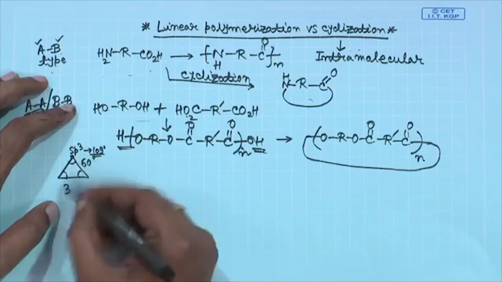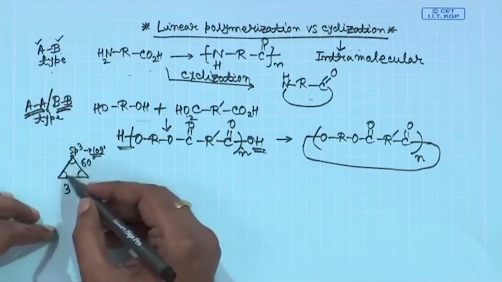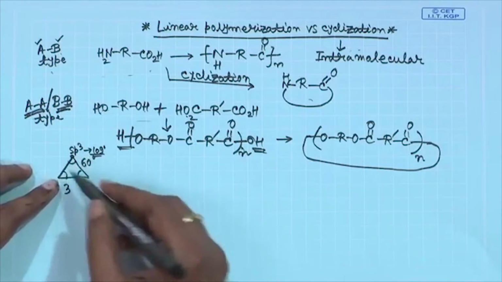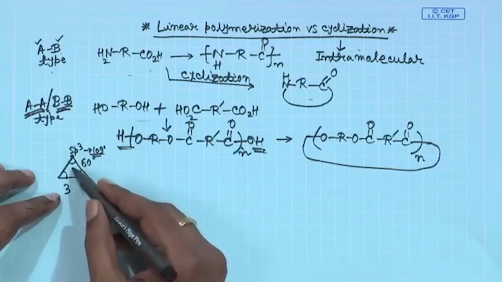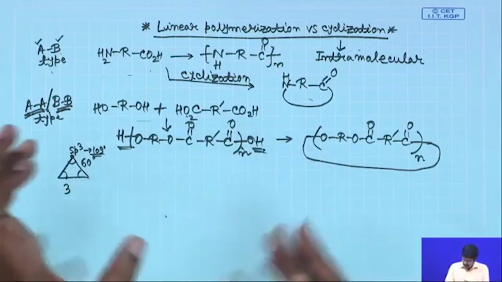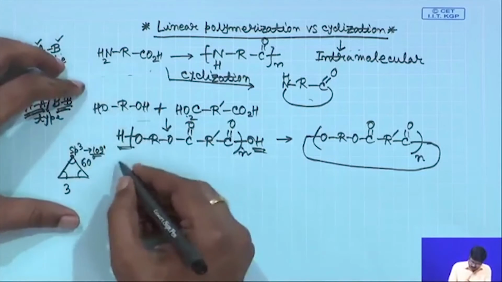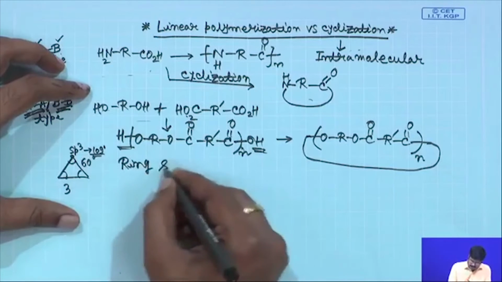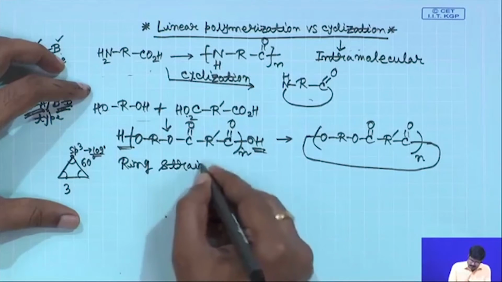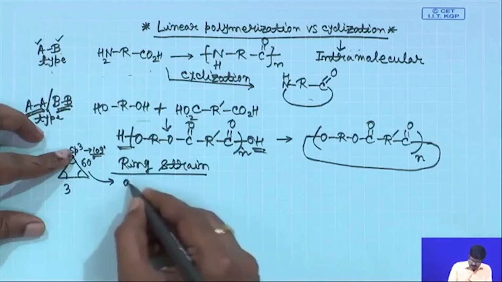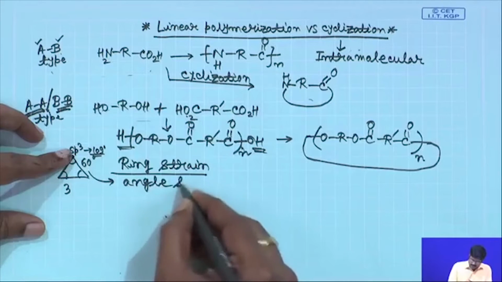So, if you have a saturated ring system, say alkane ring system, which is a 3 membered ring, then you have an enormous angle strain. So, what is the thermodynamic stability actually relates to the ring strain. If you have a higher strain, you have a lower stability. So, here the ring strain is arising from what you call as angle strain.